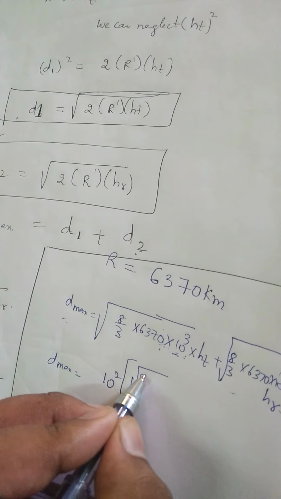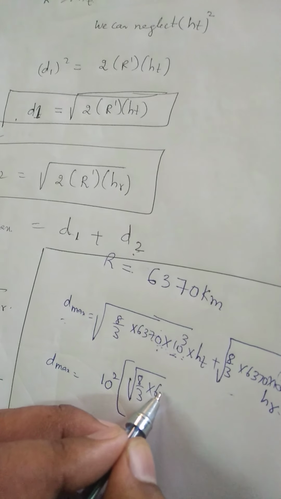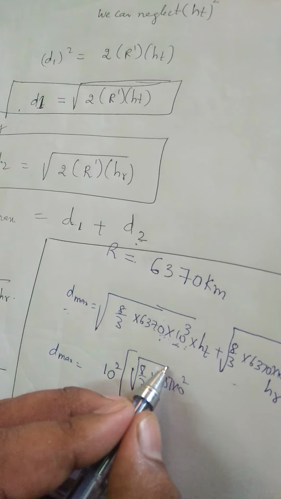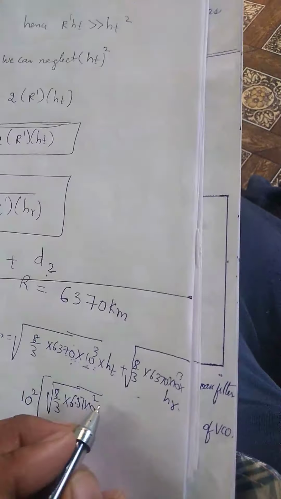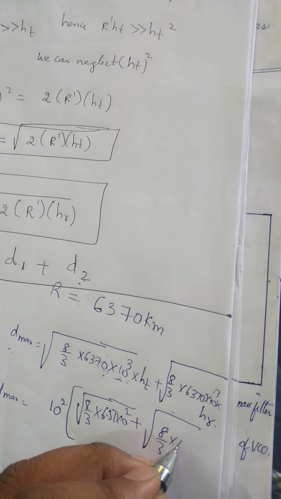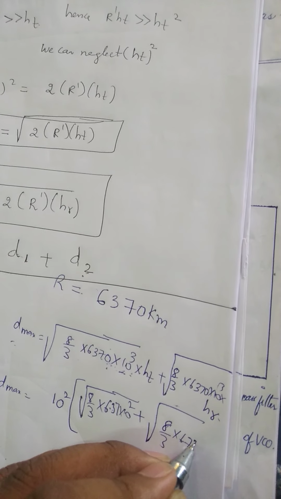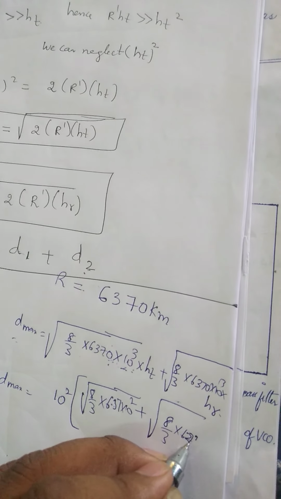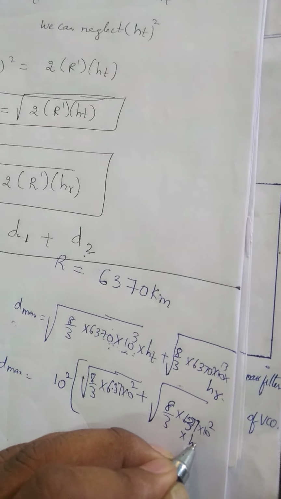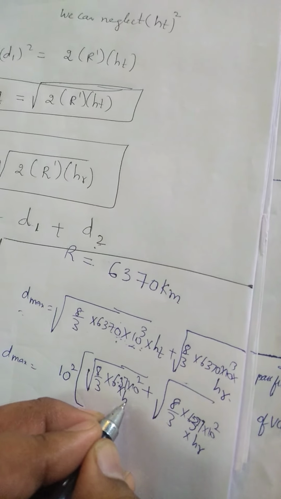Root of 8 by 3 into 6.37 into 10 power 2, since I am writing the point over there, into height ht, plus root of 8 by 3 into 6.37 into 10 power 2 into the height of the receiver hr.